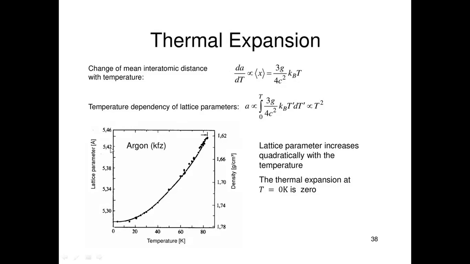The measurements of lattice constants of solid argon are shown in the figure. The slope of this curve is proportional to the thermal expansion coefficient. So the expansion coefficient vanishes as T tends to 0, as we expect from this point.